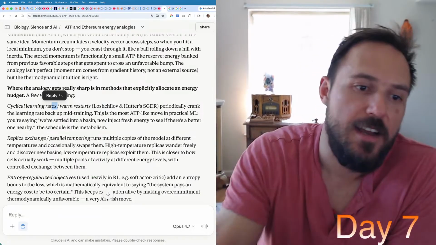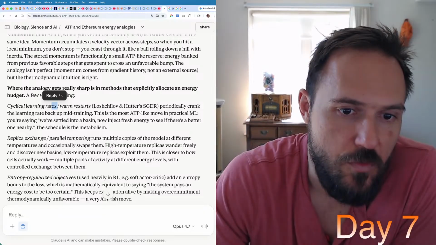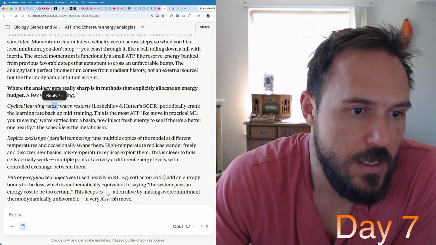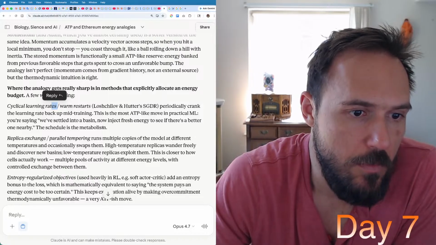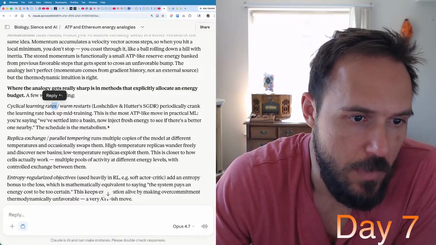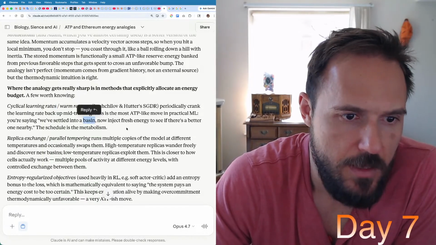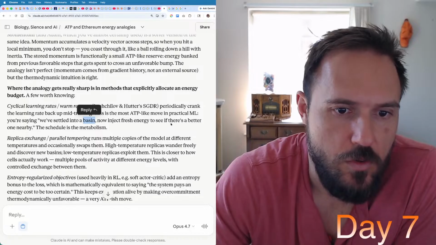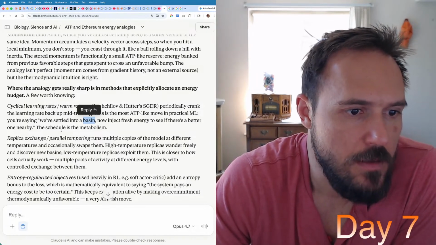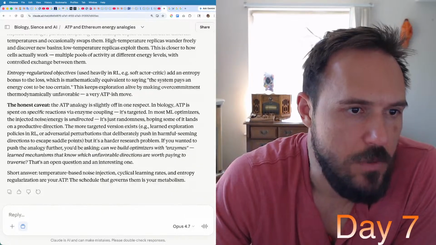This is the most ATP-like move in practical ML. You're saying we have settled into a basin, and now inject fresh energy to see if there's a better one nearby. The schedule is the metabolism.